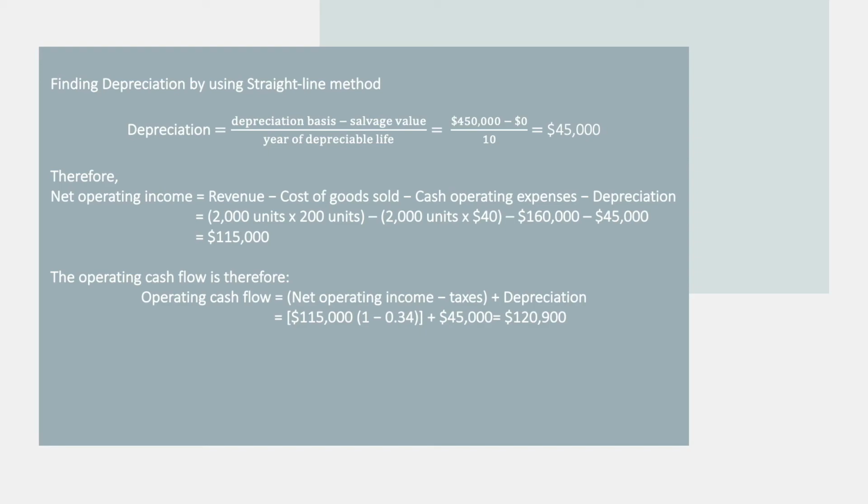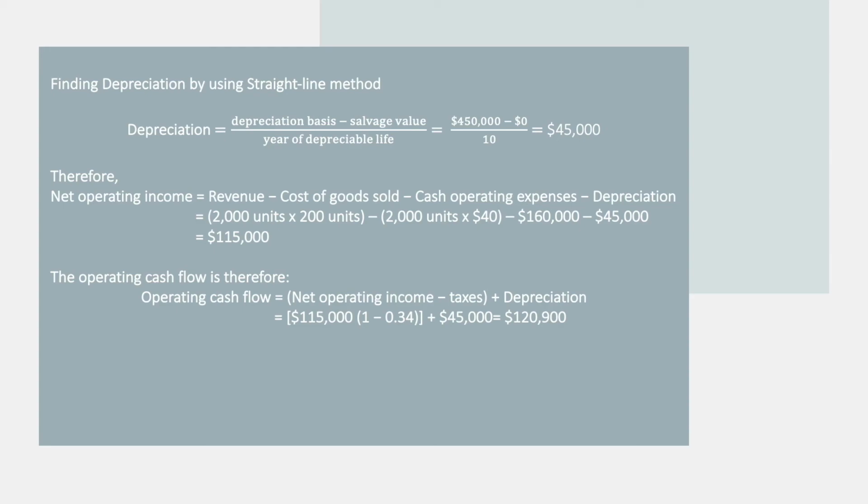Therefore, we can find the net operating income by using the information that we already found, through the equation net operating income equal to revenue less cost of goods sold, less cash operating expenses, and less depreciation, which will be equal to $115,000.